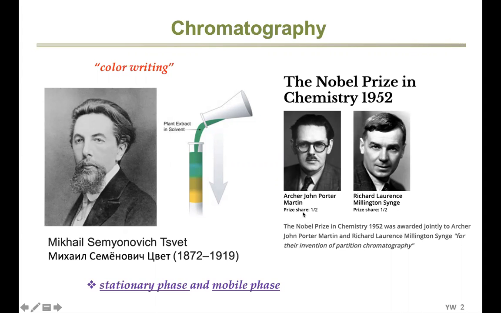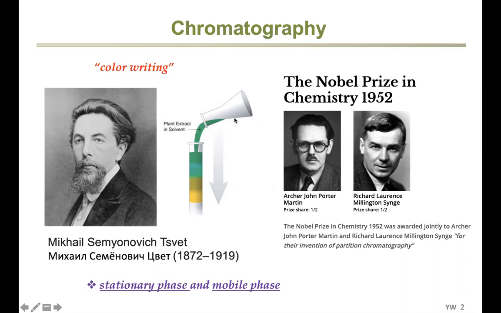When we are talking about chromatography, there are two very important terms here. They're called the stationary phase and the mobile phase. Taking this one as an example, the stationary phase would be the calcium carbonate filling inside the tube, right? Because those are staying in the column, they're not moving out.